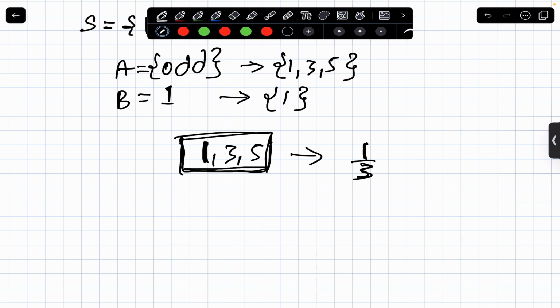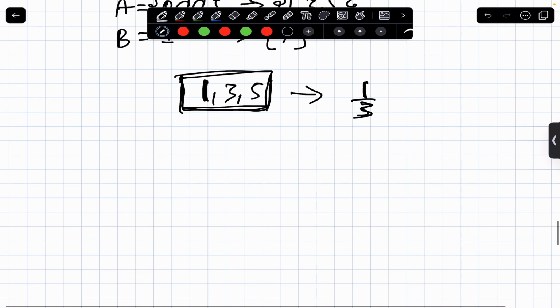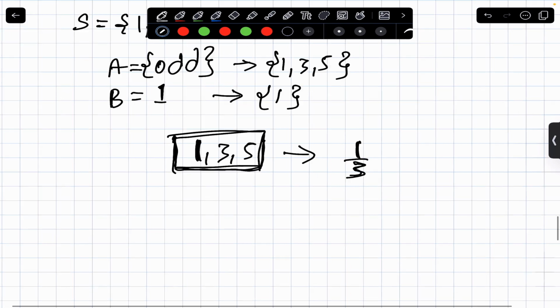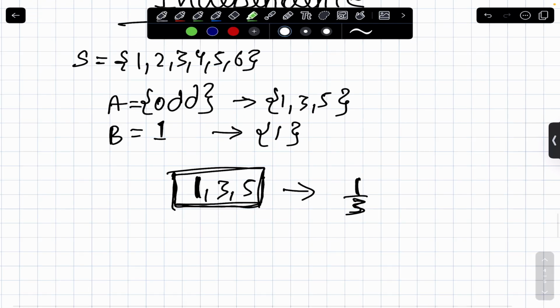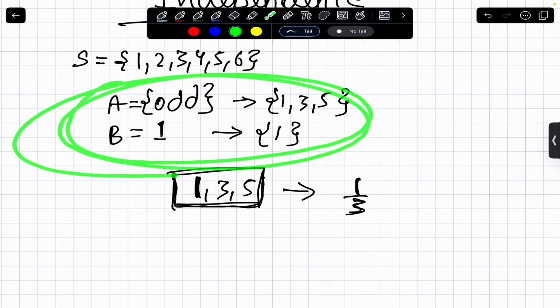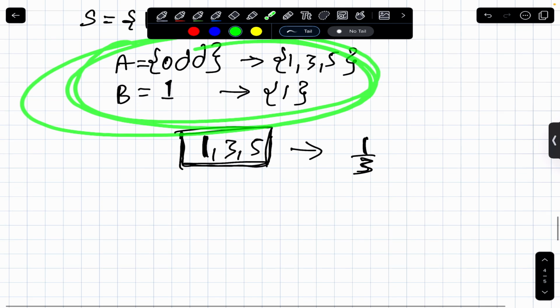Now we need to ask another question: what is the probability of the die being 1 without knowing that it is odd or not? Okay, what I'm trying to say here is, do these two events affect each other's probability?